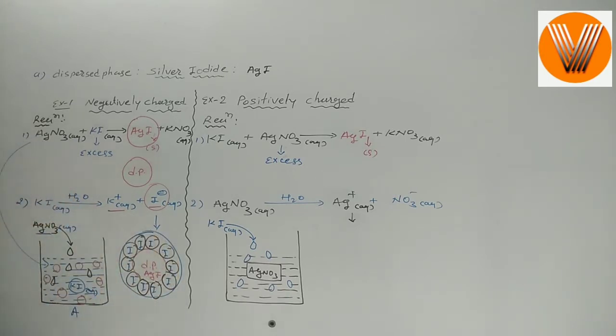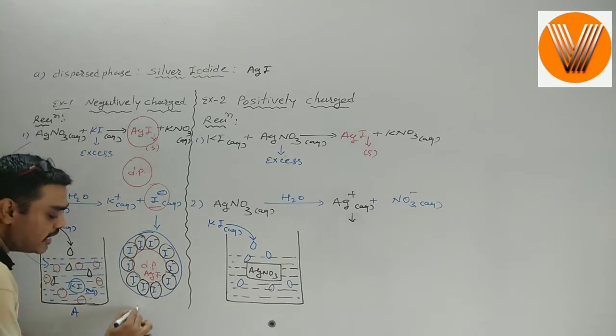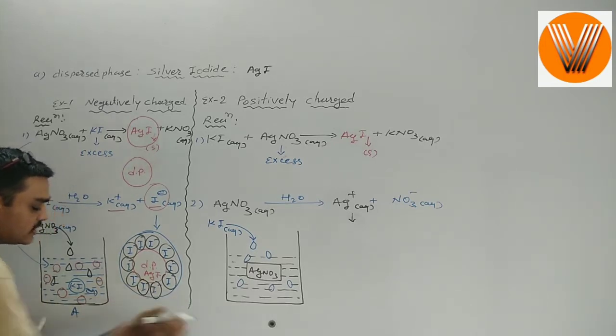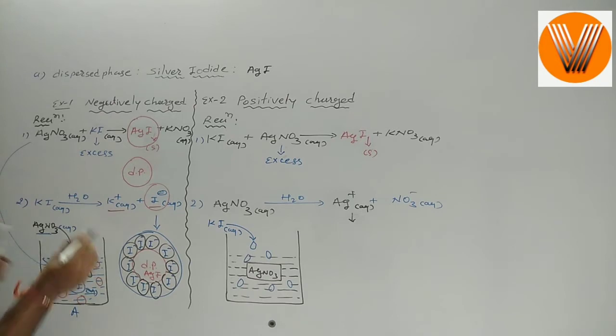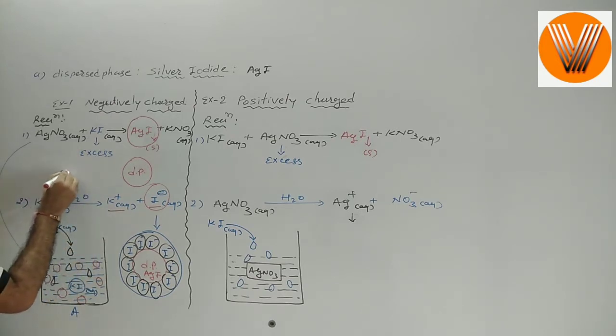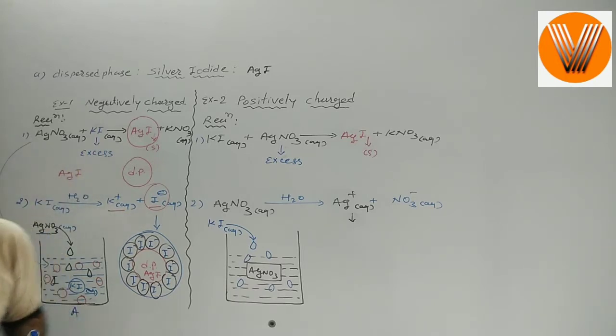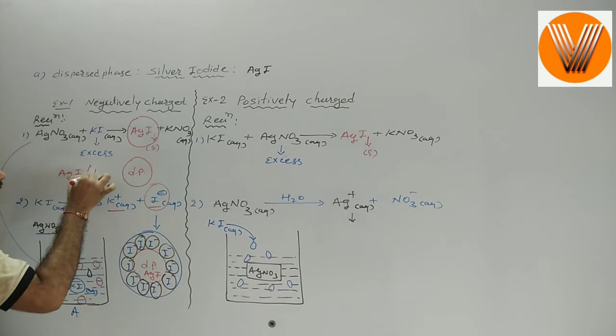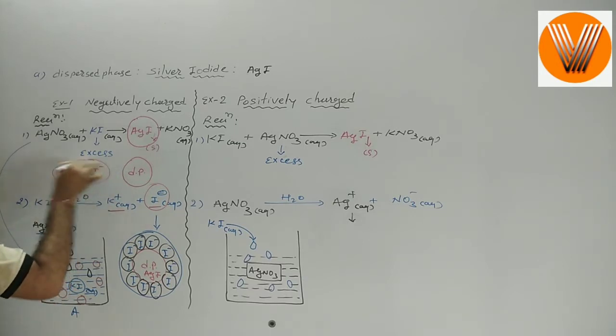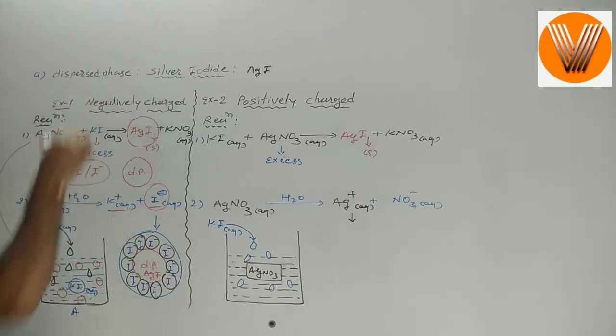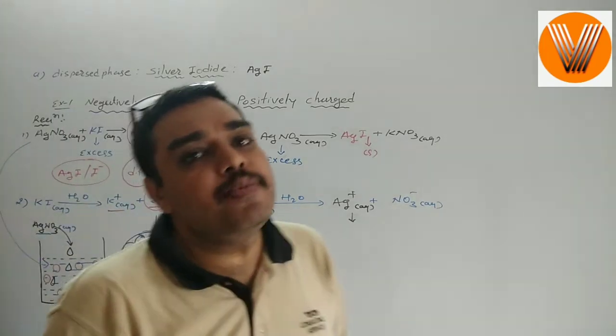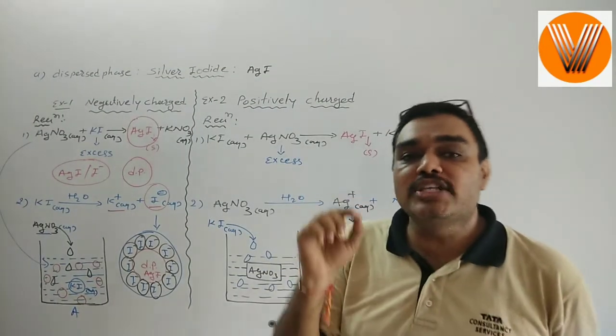You can write this as AgI slash I minus, a dispersed phase negatively charged sol formed in the dispersion medium, water.